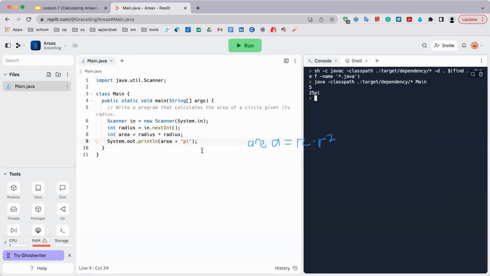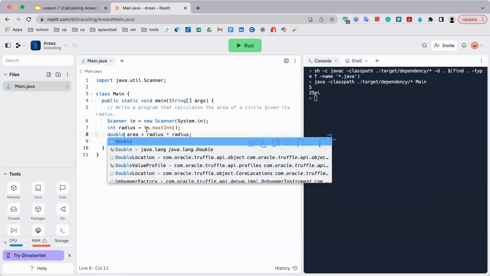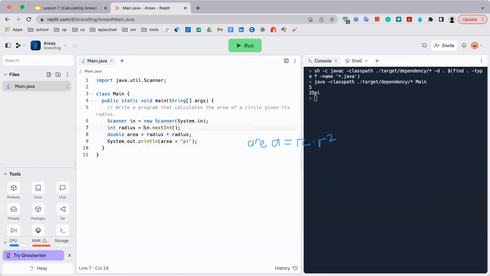Now, let's talk about how to do it if we want the total value, including where we multiply r squared by pi. So for this, we're going to want to convert our area to a double, because if you guys do not know, pi is a decimal value.